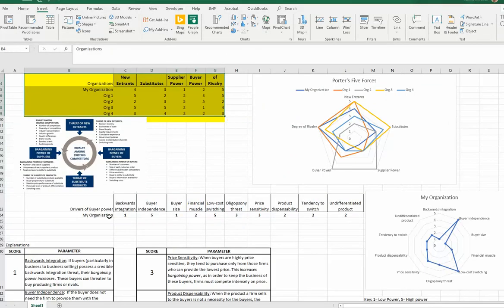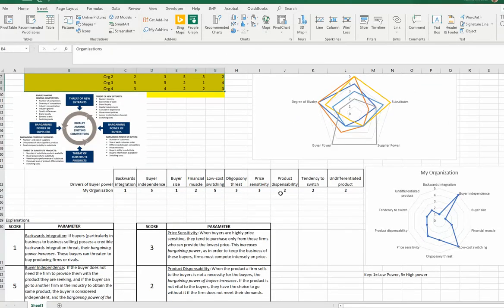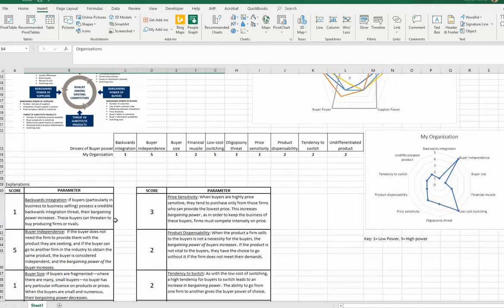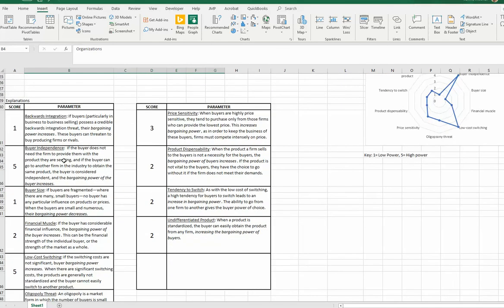So I've got the categories here across here, and you see this is the organization chart I made. But here is the explanation, and I just pulled these from the Data Monitor MarketLine Advantage information. So it may not be specifically relevant to your organization. The wording might be different, but it should help you figure it out.